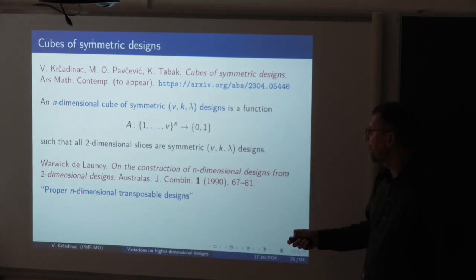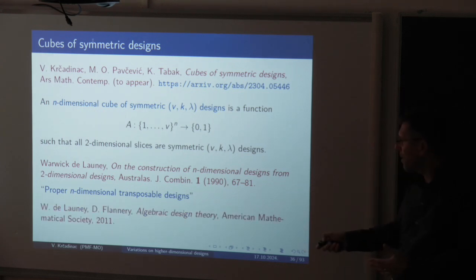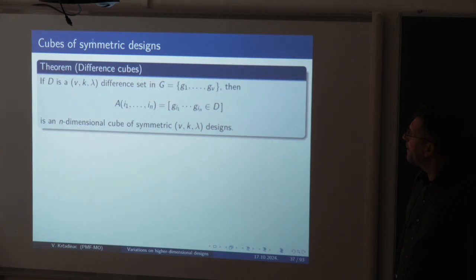He calls these proper n-dimensional transposable designs, and we call them cubes of symmetric designs. This is just a special case of his definition. He also had a book with Dane Flannery, in which, among other things, he studies these n-dimensional designs of various sorts. And this is already a known construction, but an important one.